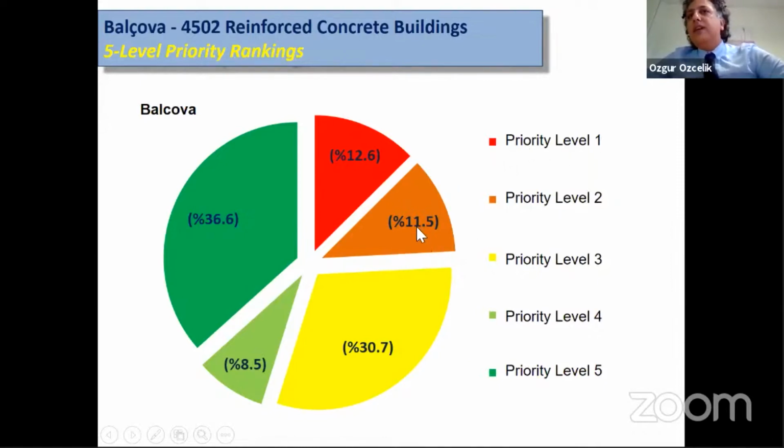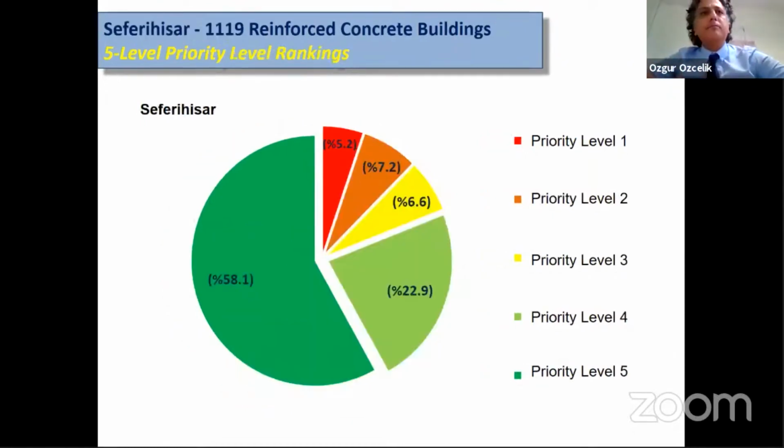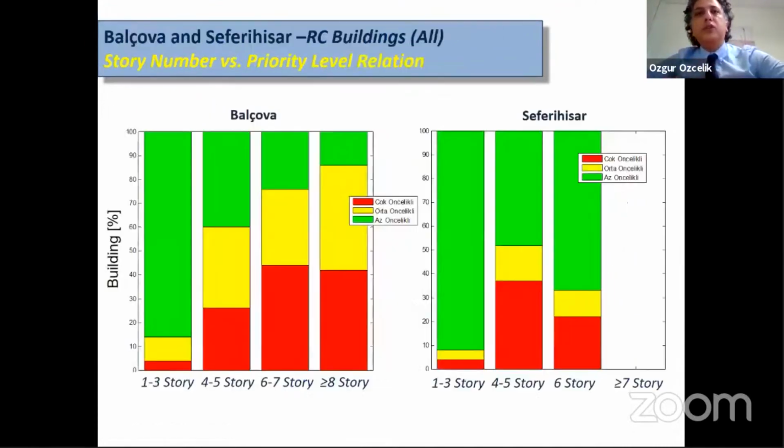And the second level was 11.5. And as you can see, the fat medium level buildings were made leaner, right? For Seferihisar, only 5% of those buildings were within priority level 1. And the second level was 7.2%.